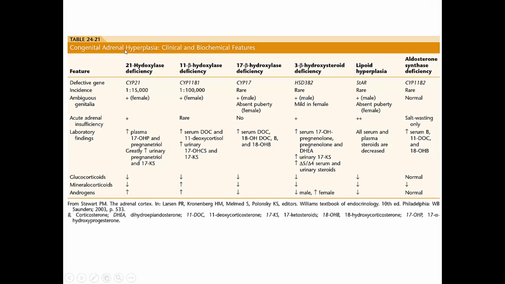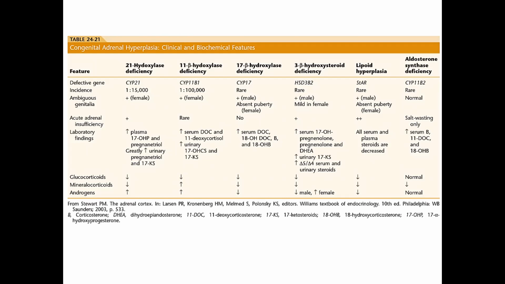The condition associated with a defect in aldosterone production would be your congenital adrenal hyperplasia. Whenever there's this type of enzyme disorder, this will actually cause a decrease in the cortisol and aldosterone production.